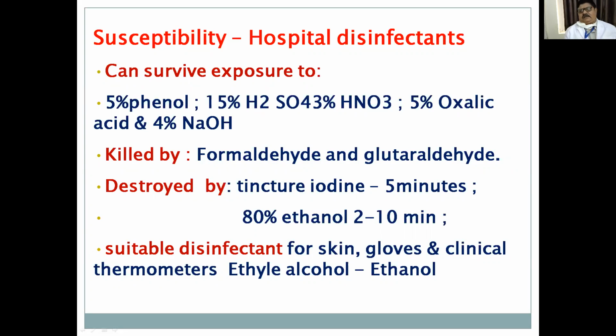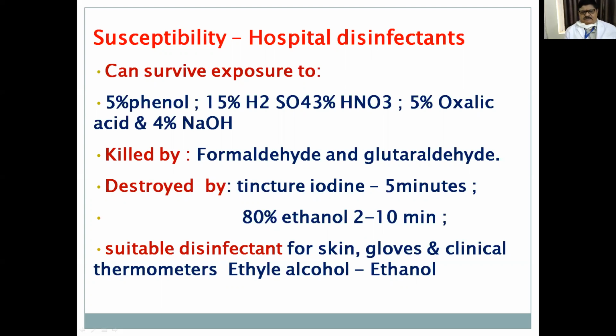And again glutaraldehyde. In your classes about theater sterilization or sterilization as such, we told you about formaldehyde and glutaraldehyde. So it's killed like that. Tincture iodine: in our very young days, they used to apply tincture iodine on any small bruises.